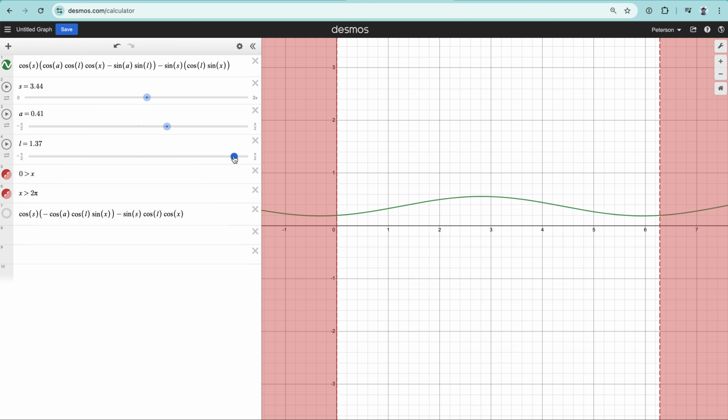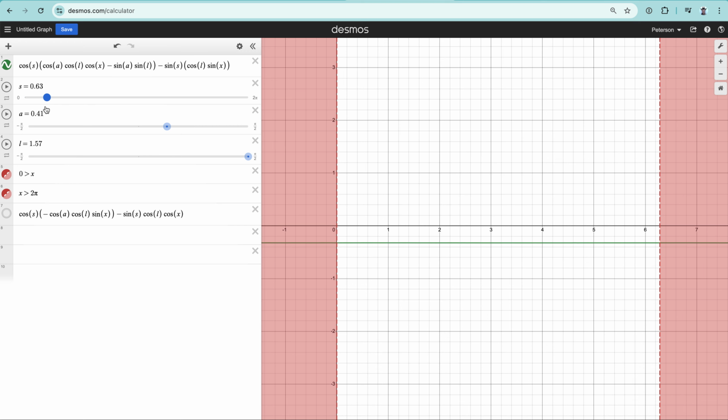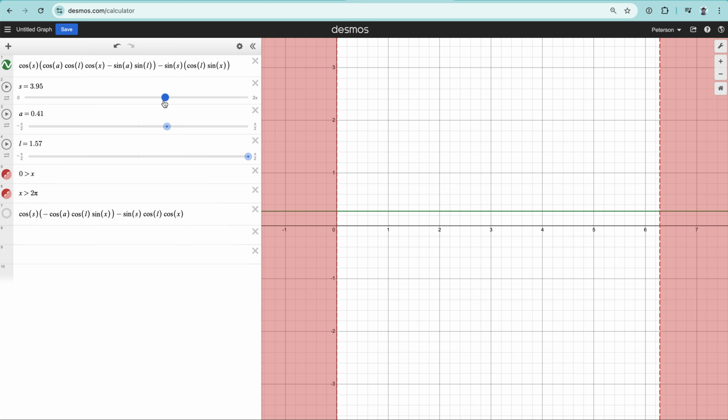And if I go all the way to the North Pole, the curve flattens out because on the North Pole, you don't move at all laterally based on the time of the day. You would move based on the time of the year. So if I move the time of the year, then I go into all the time nighttime and all the time daytime. That's what you would expect on the North Pole.